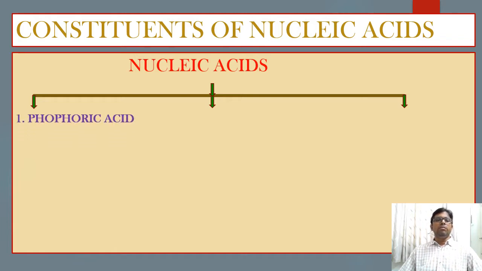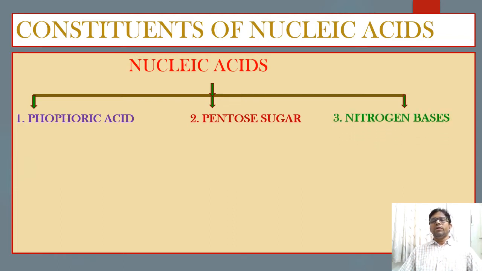Number 1, phosphoric acid. Number 2, pentose sugar. Number 3, nitrogen bases.